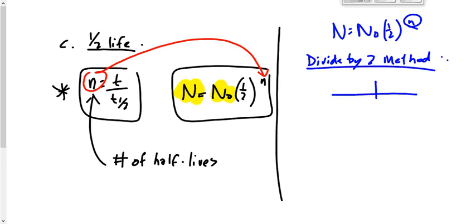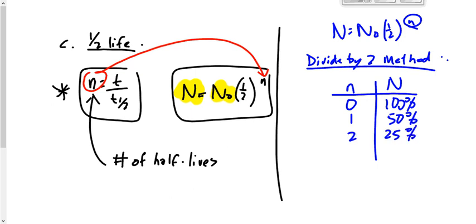We're going to say, look, after 0 half-lives, you get 100%, or whatever your initial amount is, 100% or 28 grams, or whatever your initial amount is. After 1 half-life, you've got 50%. 2 half-lives, 25%, and so on and so on. Just keep dividing by 2.